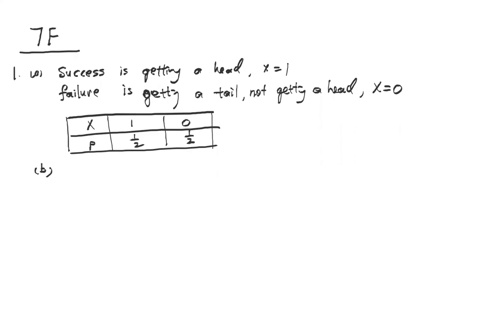So X is the number of heads tossed, so X is equal to 0, 1, 2. So is this a Bernoulli? Straight away, I will say that there's no such thing as success and failure. Am I right? So therefore, it is not a Bernoulli distribution. Clear?